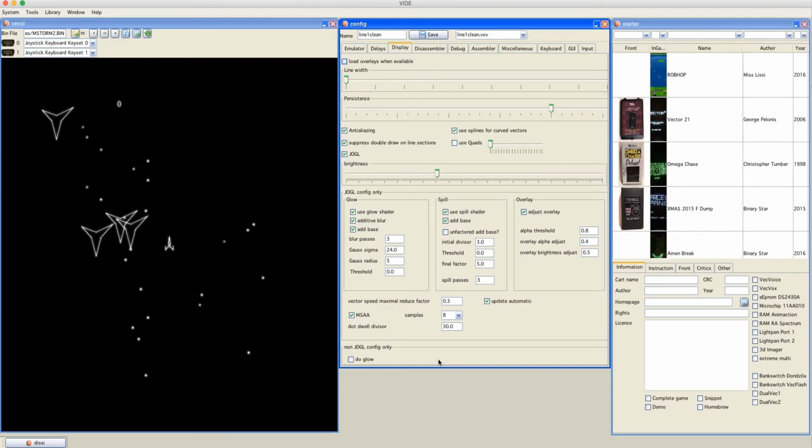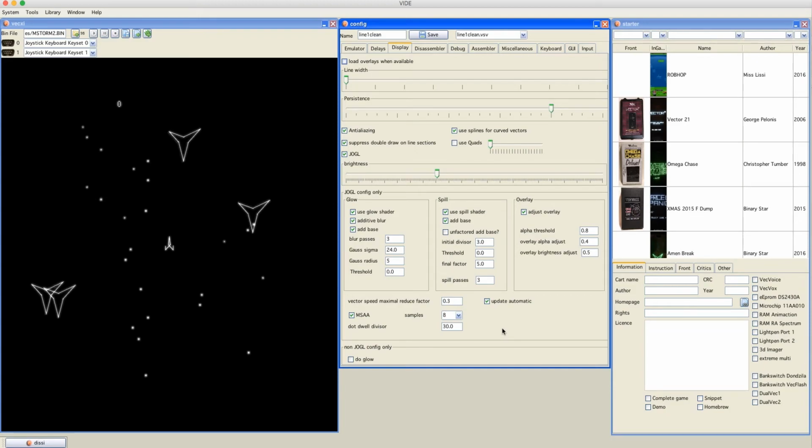Then there are some additional things you can configure. Actually, more or less you could do that before, but I think I never put it into the configuration tab. It's actually the case that the output of the Vectrex brightness depends also on the speed of the vector beam.